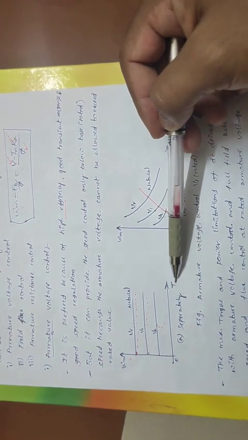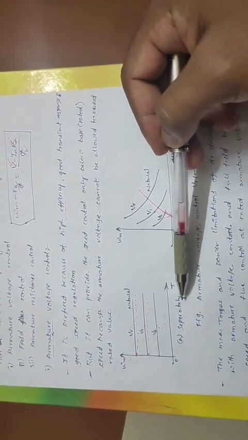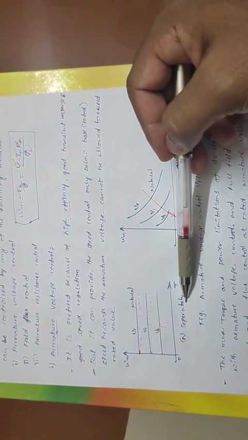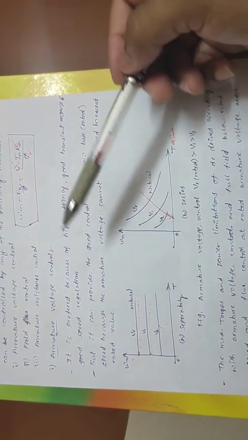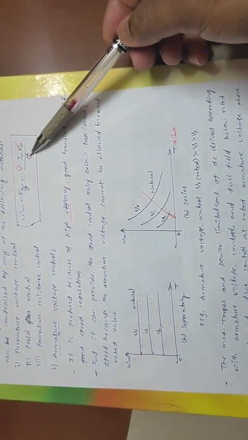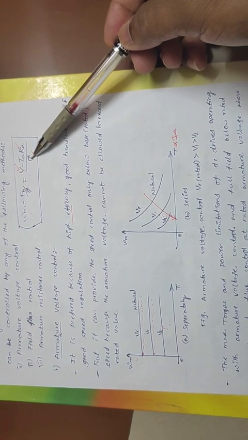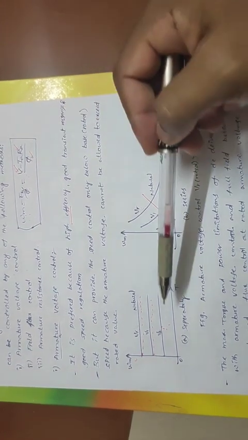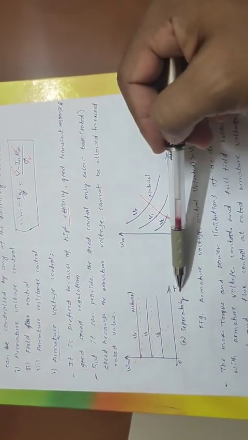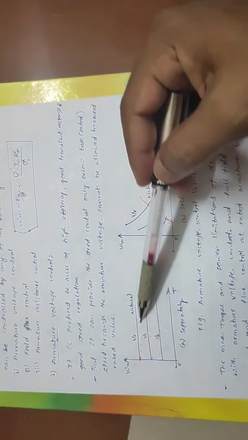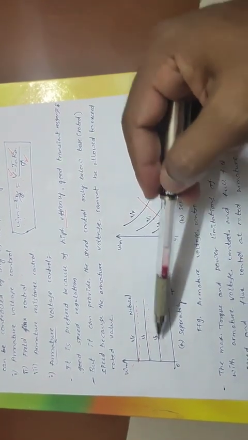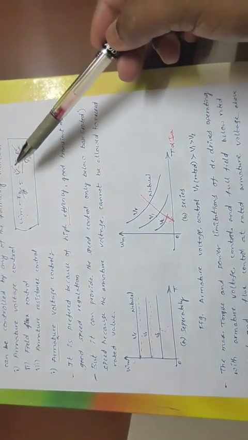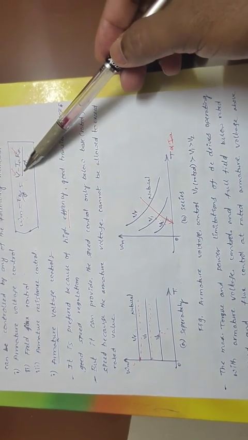If you see the speed torque characteristics of this armature voltage control method for a separately excited DC motor, field flux is constant. So field flux is constant and speed versus torque characteristics are almost constant, because we'll keep the supply voltage as constant.